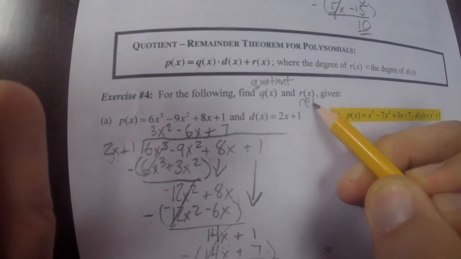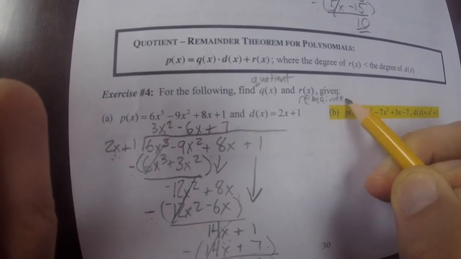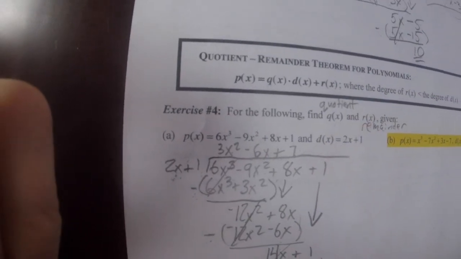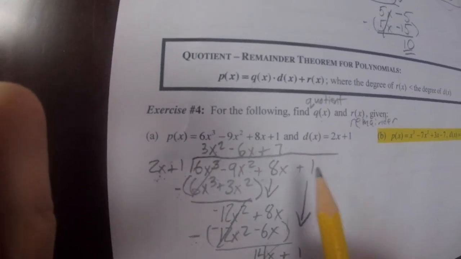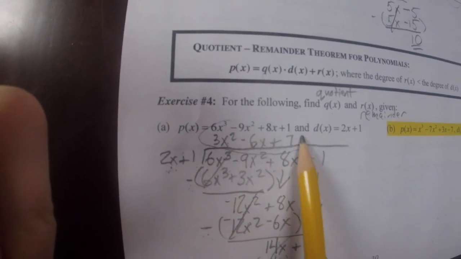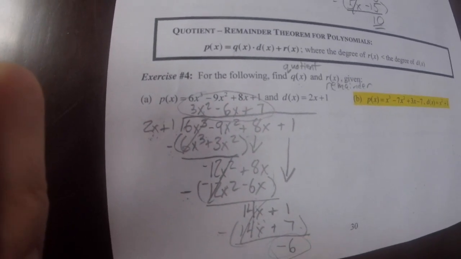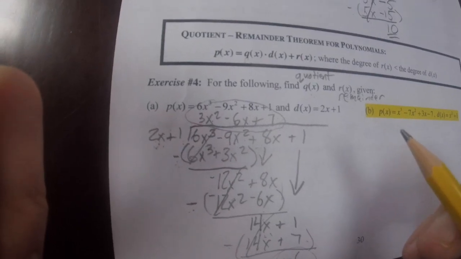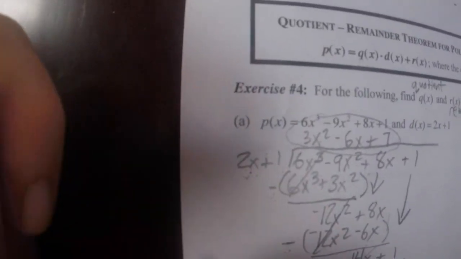R stands for remainder. Q of x stands for quotient. So they want to know what's the quotient, what's the remainder. The quotient is whatever's up here. The remainder is whatever's down here. So how would we write our answer? I'm going to try and sneak it in right here.